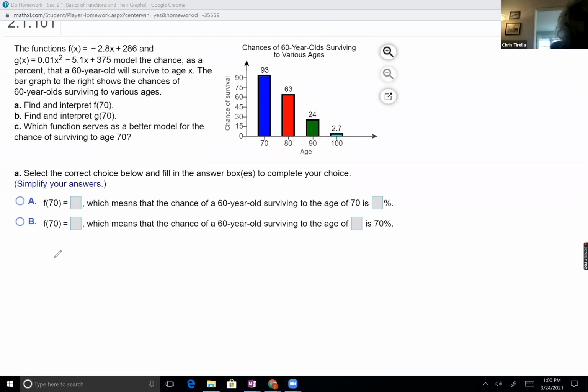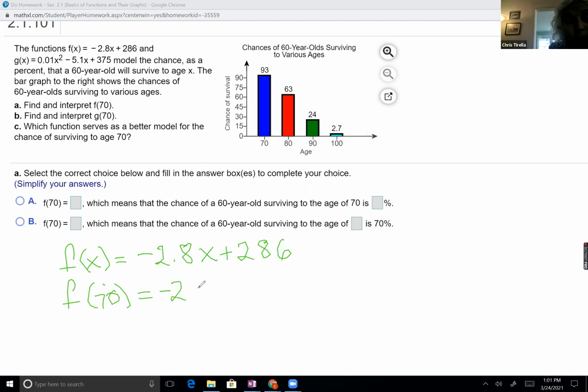So f of 70, well, if f of x is negative 2.8x plus 286, f of 70, we're just going to replace the x with 70. And then you're going to evaluate that. And this says that the chance is a percent.